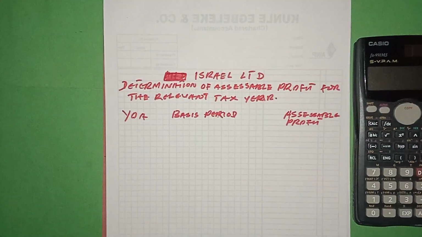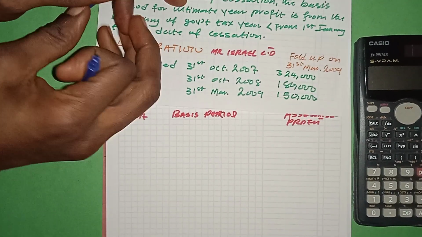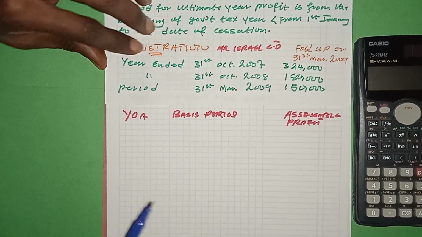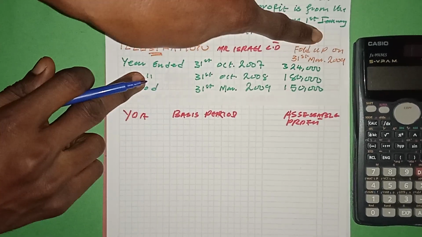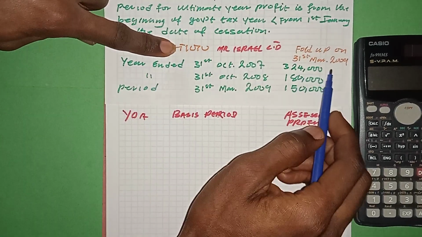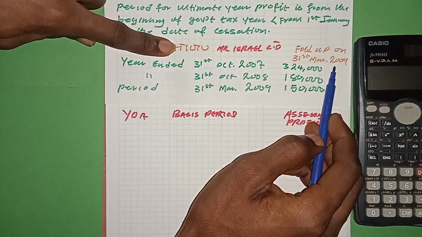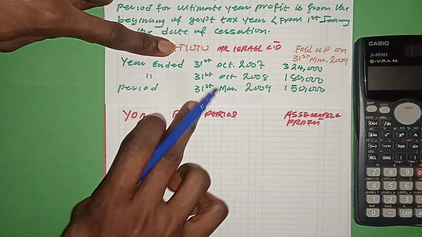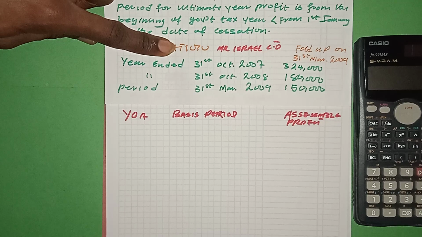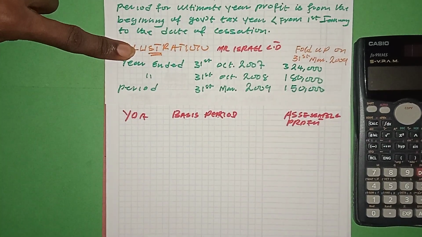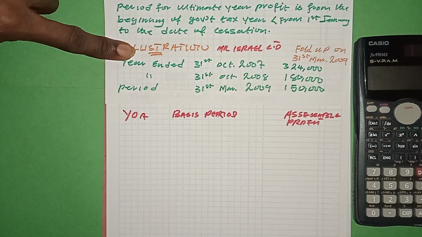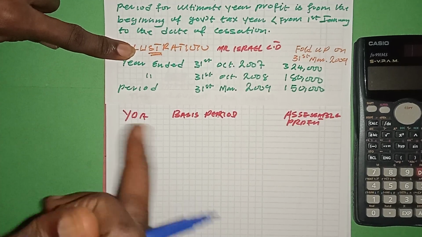Now, the ultimate year is what? Let's check. The business folded up on what? 31st March 2009, which is this. That is our ultimate year. But we are looking for our penultimate year. So the penultimate year is the year before the year of cessation.